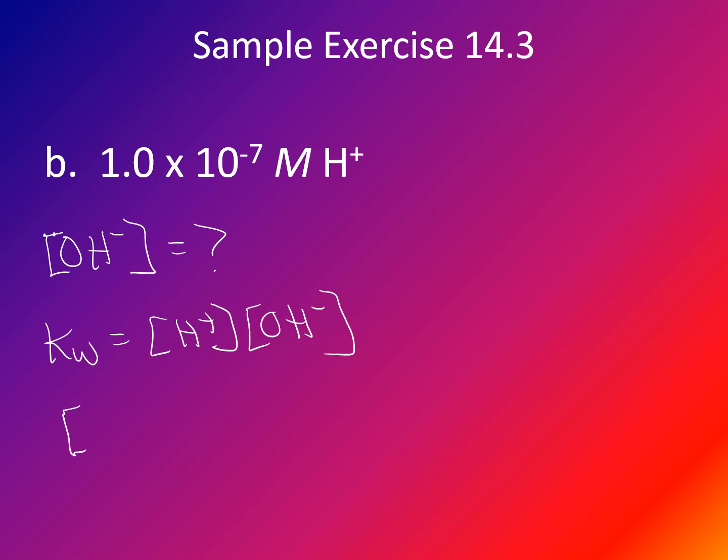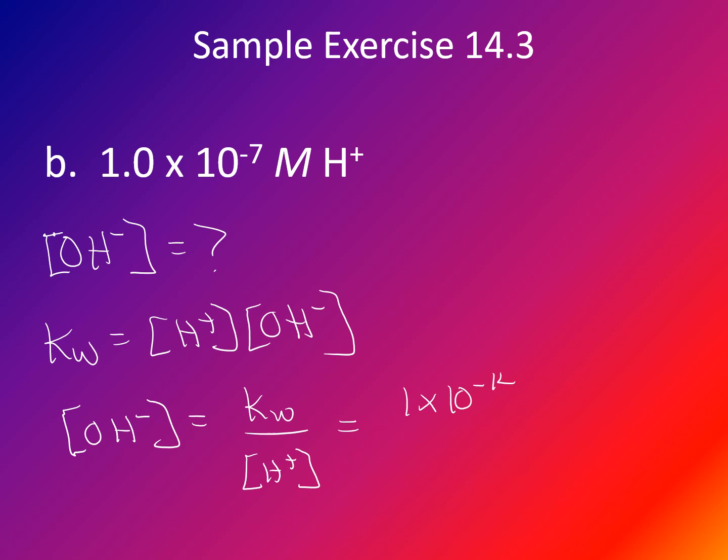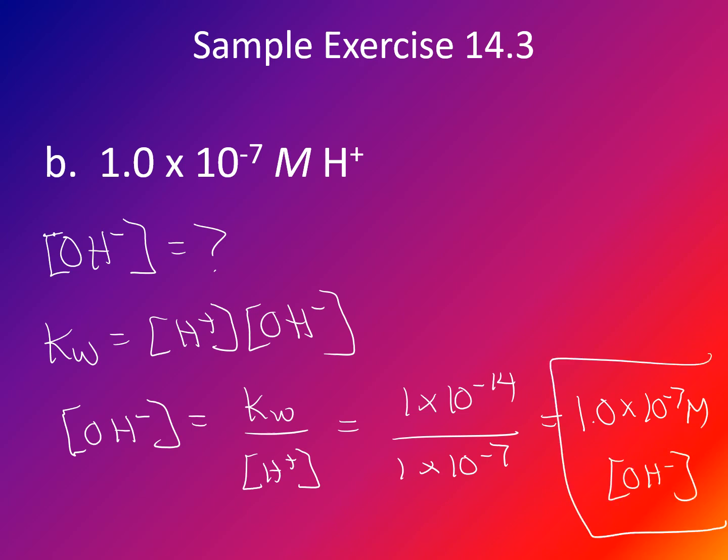I'm taking a really long route to find something that you might see as quite obvious. If the hydrogen is 1 times 10 to the minus 7th, we know that the hydroxide is the same. 1.0 times 10 to the minus 7th molar for your hydroxide concentration. So you could go straight there if you saw that.